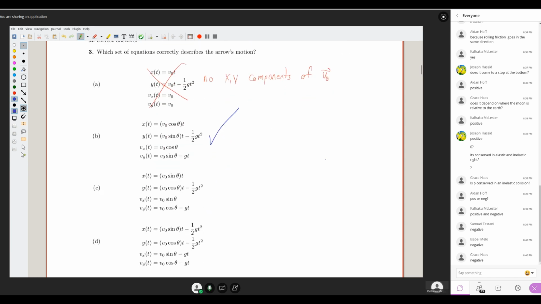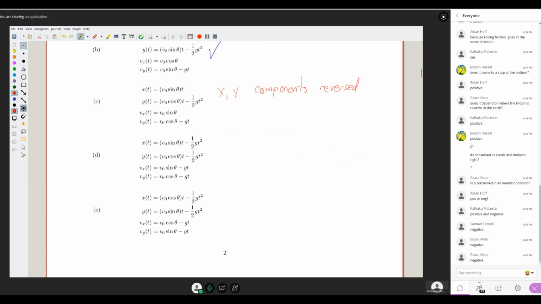We can talk quickly about why all the others are wrong. So here I have flipped sine and cosine. So here the x and y components are reversed. Here, I've got gravity acting in both x and y.